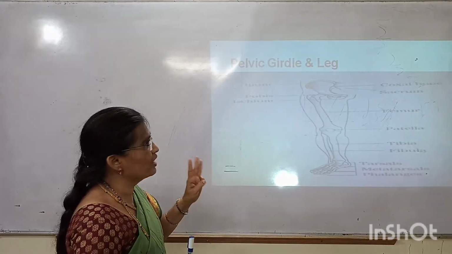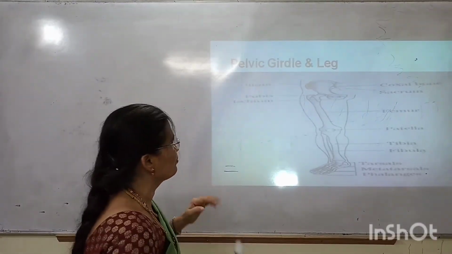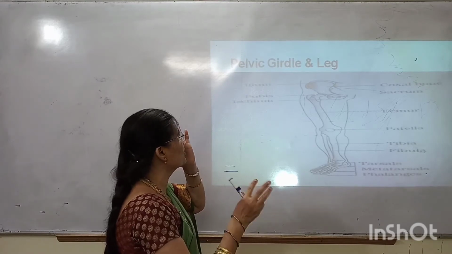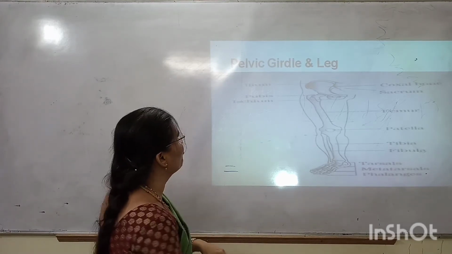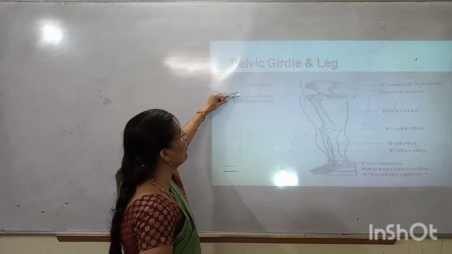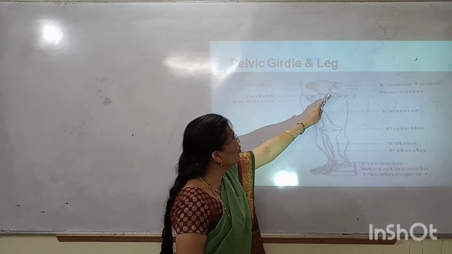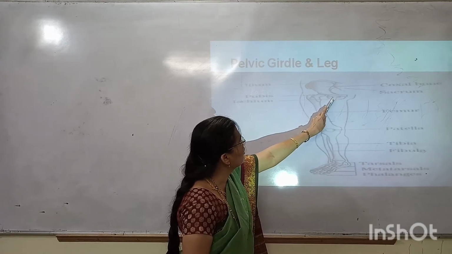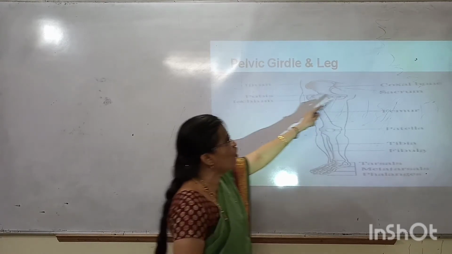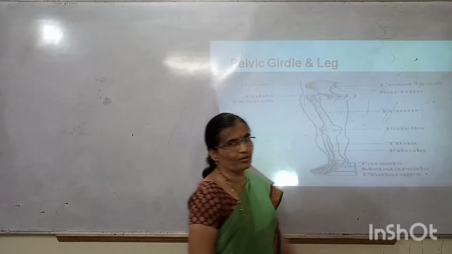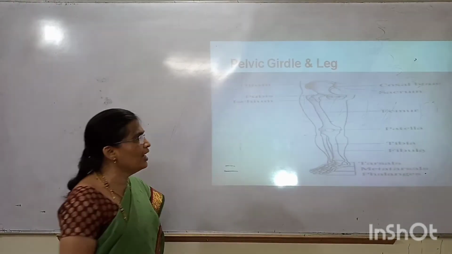Each coxal bone is made up of 3 fused bones. 3 bones are fused to form a coxal bone: ilium, pubis and ischium. These three bones form the coxal bone.